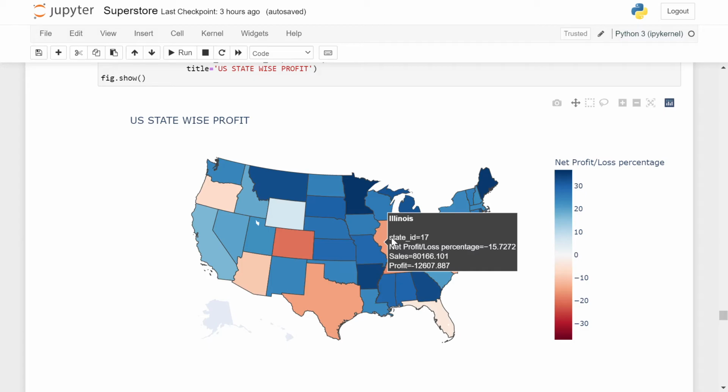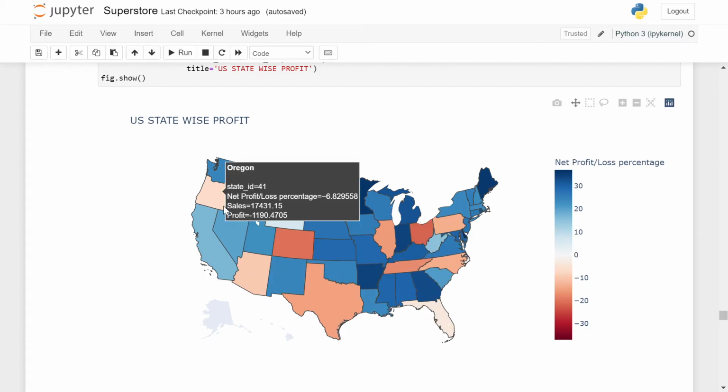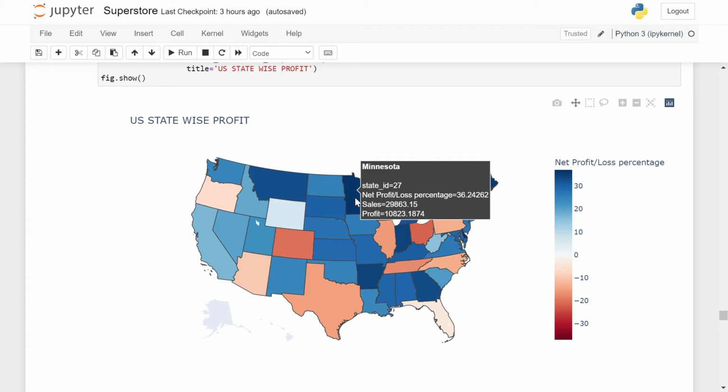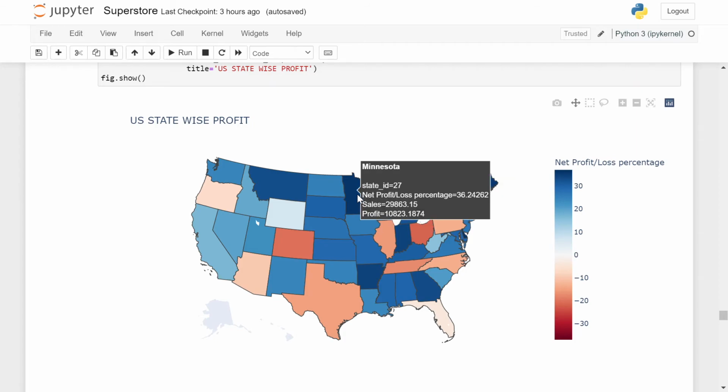You can see Illinois, then Ohio, Texas, Colorado, Arizona, Oregon. So these states are in loss, and you can see Minnesota is more bluish, with a net profit percentage of 36%.